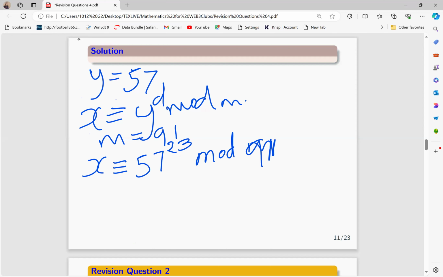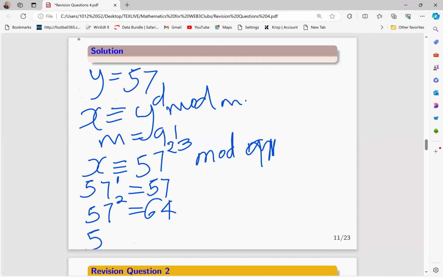Here, we're going to have to use fast powering. 57 power 1 equals 57. Then 57 squared mod 91 is 64.